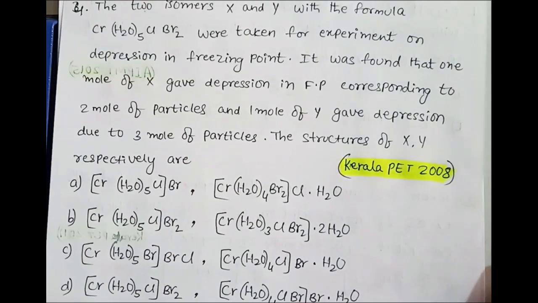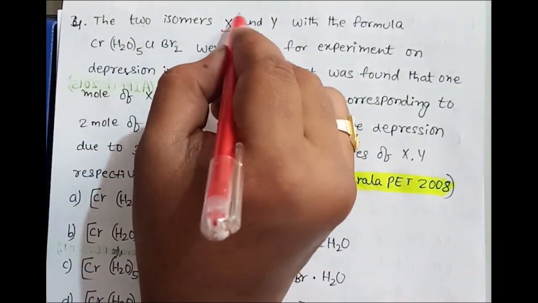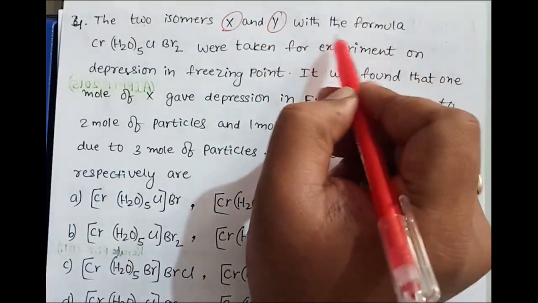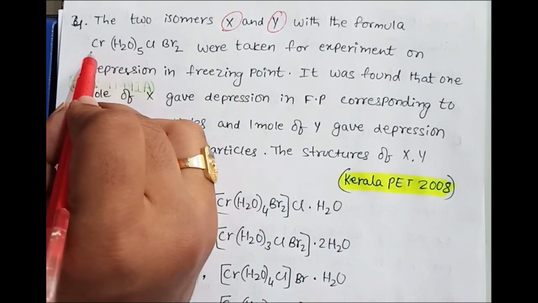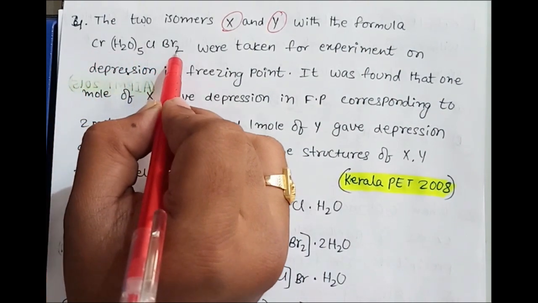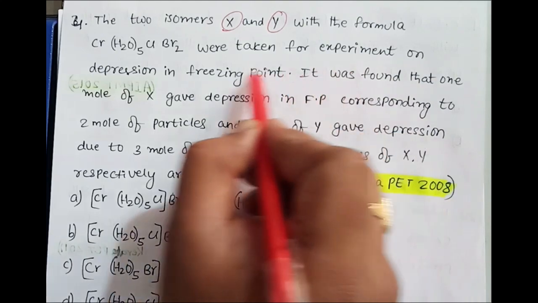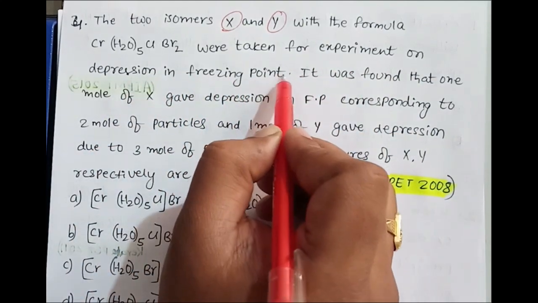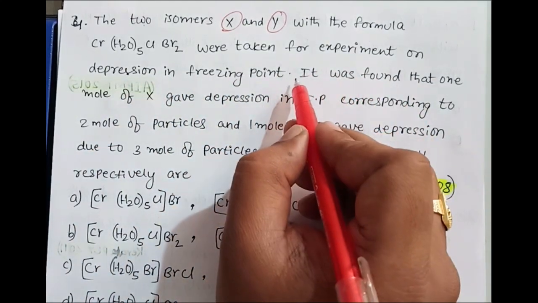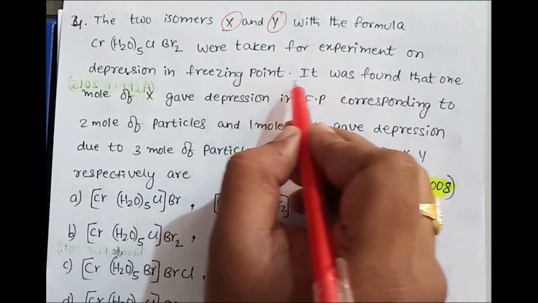The question is: two isomers, X and Y, both have the same formula, [Cr(H2O)5Cl]Br2, and were taken for a freezing point depression experiment. That is a different experiment which you will learn in the solutions chapter; it's not needed now.